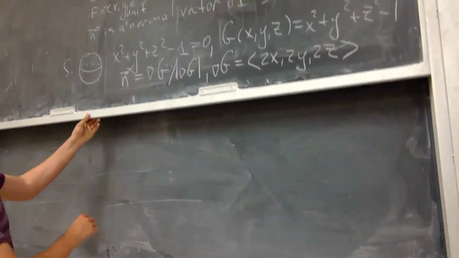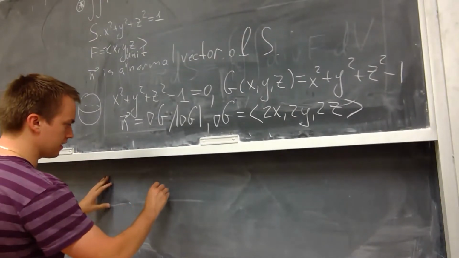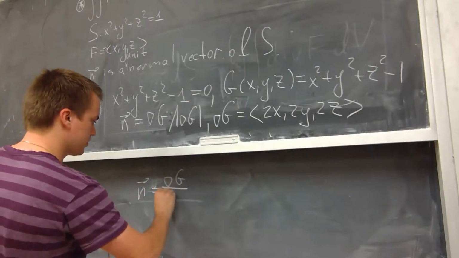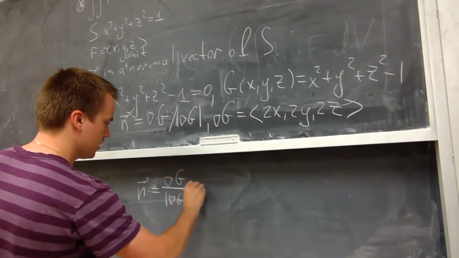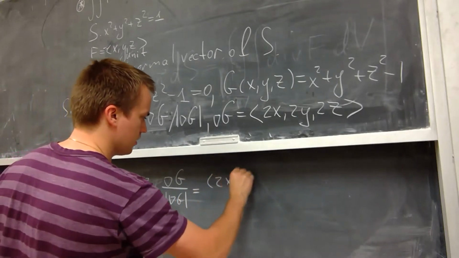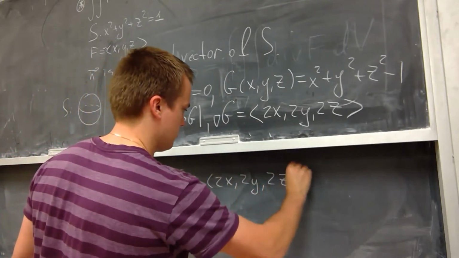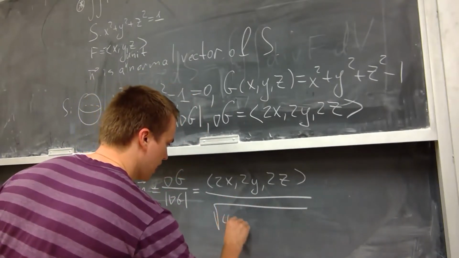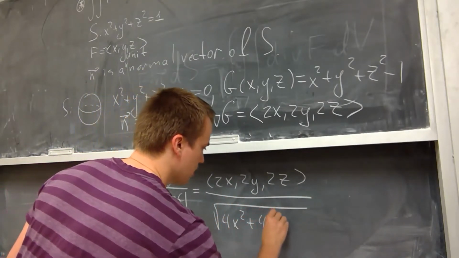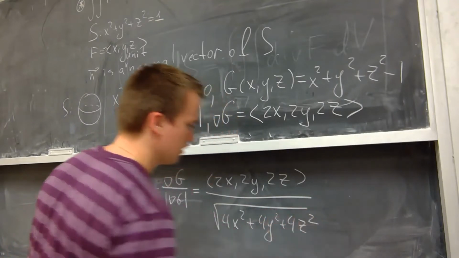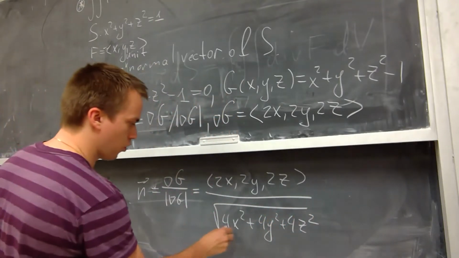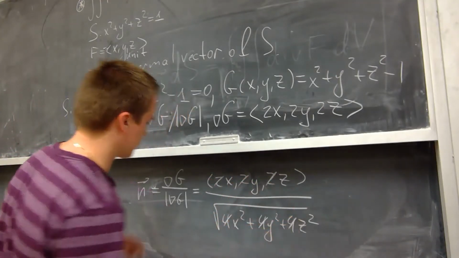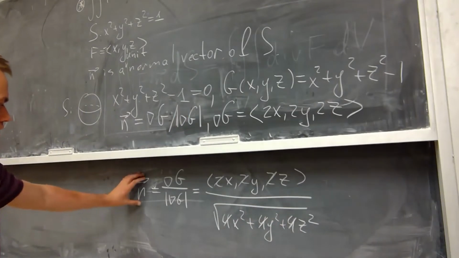My vector n equals the gradient of g over the magnitude of the gradient of g, which is (2x, 2y, 2z) divided by the magnitude, and the magnitude is the square root of 4x squared plus 4y squared plus 4z squared. The 4 gets factored out, so it cancels with the 2.